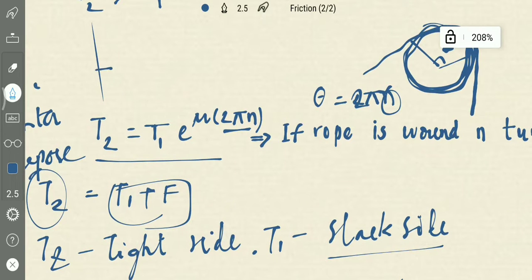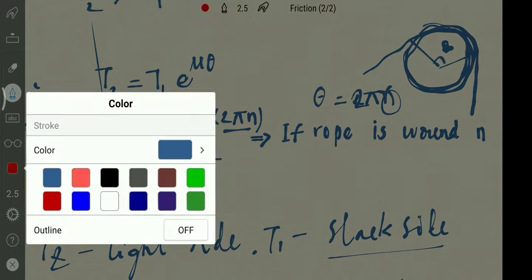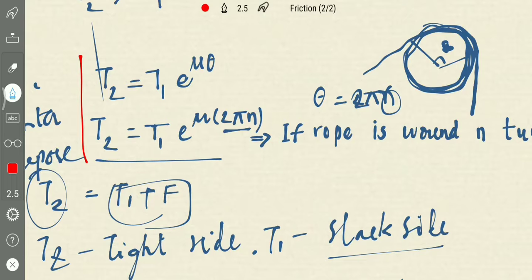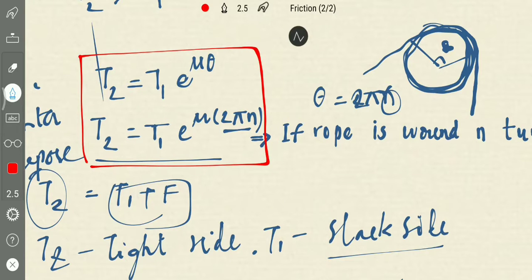T2 is equal to T1 e power mu theta. If it is wound by n turns, then it will be T2 is equal to T1 into e power mu into 2 pi n. That will be the theta.